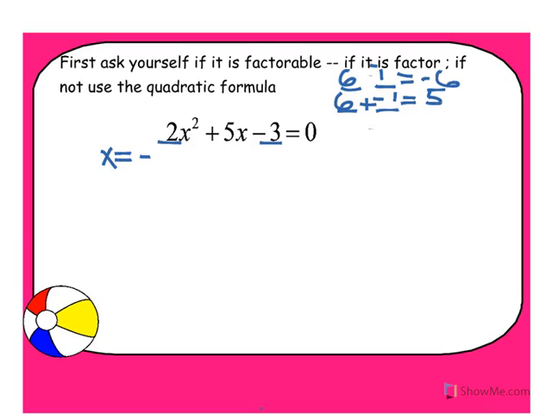So remember the formula, x is equal to negative b plus or minus the square root of b squared minus 4ac all over 2a. So let's identify our a is 2, our b is 5, and our c is negative 3. So let's go ahead and sub that in.